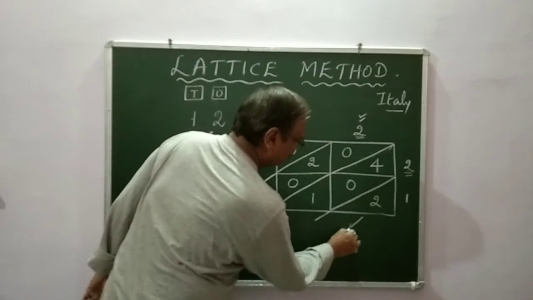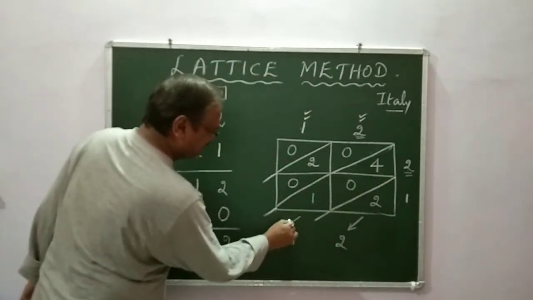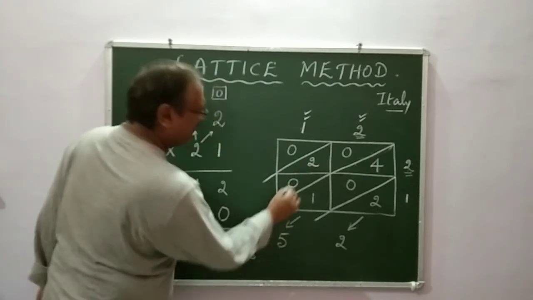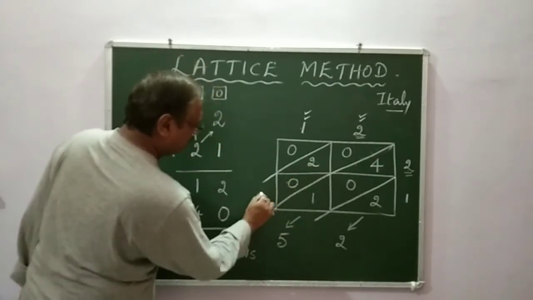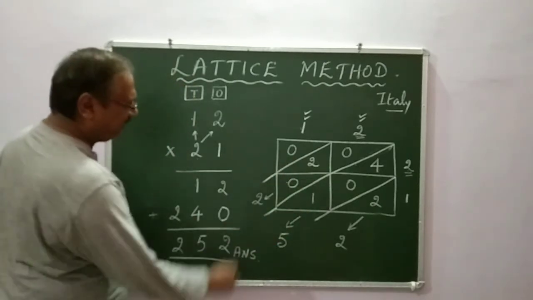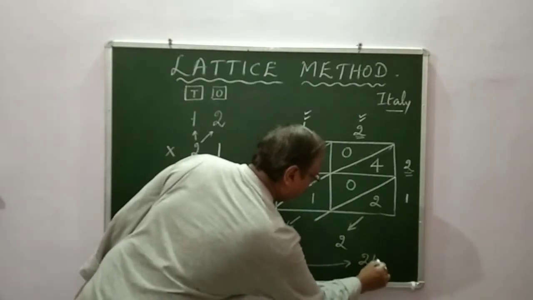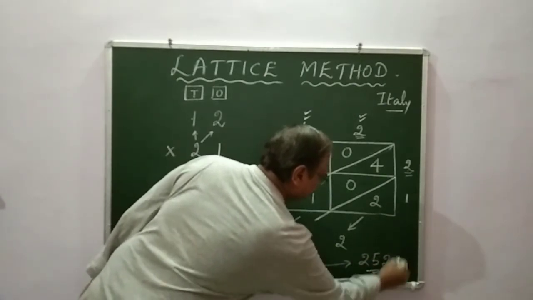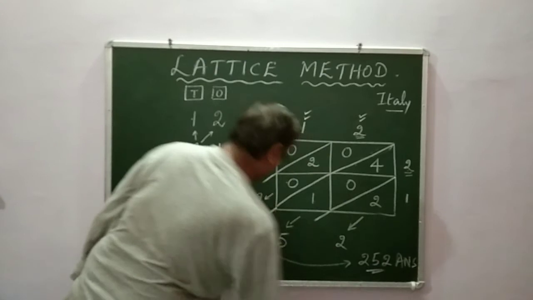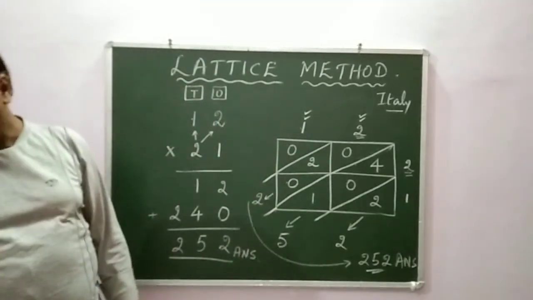So this is 2. 1 plus 4 is 5. And 0 plus 2 is 2. 0 is 0, so we need not write anything. Now you see 2, 5, 2. This is the answer.